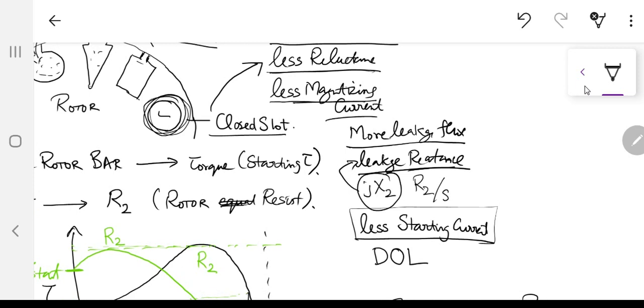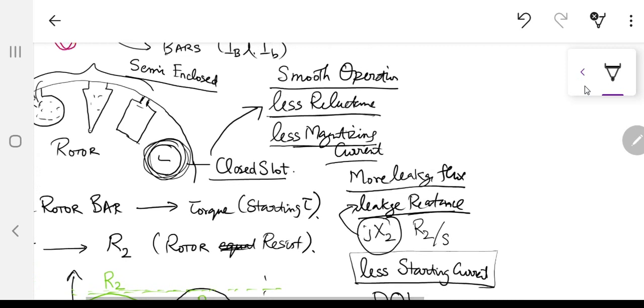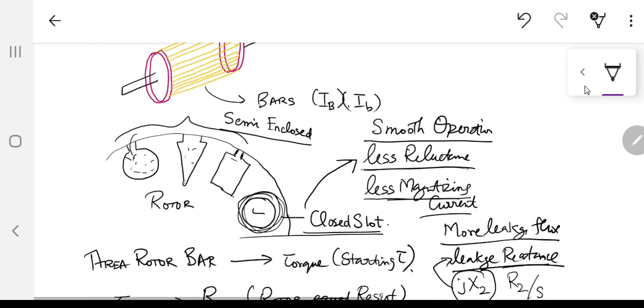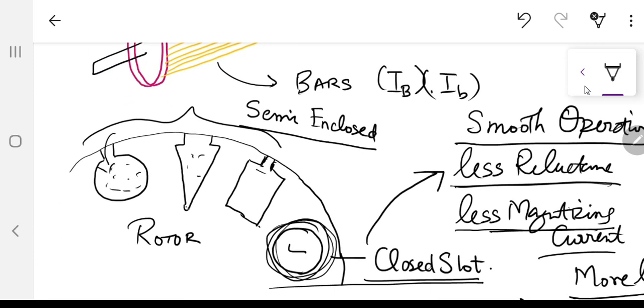Now you may get the idea. In the very start I told you that this is more suited for smaller machines. But if I move on towards the semi-enclosed slots, you have one opening. In this opening, they are closer to the surface, so they are not going to have that smooth operation. Yes, there is going to be trouble there.